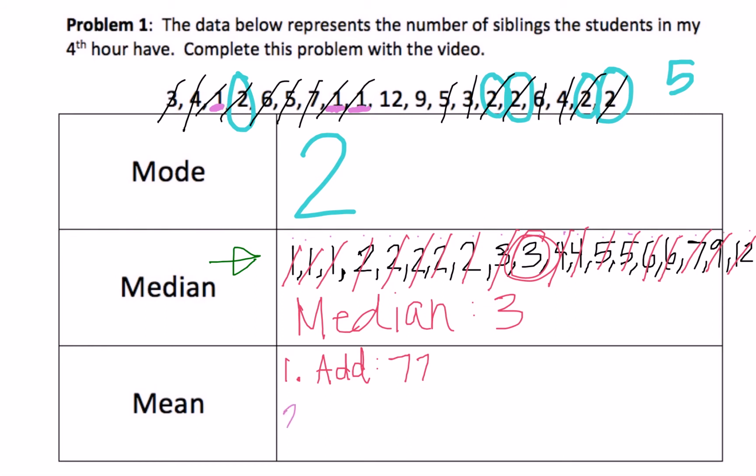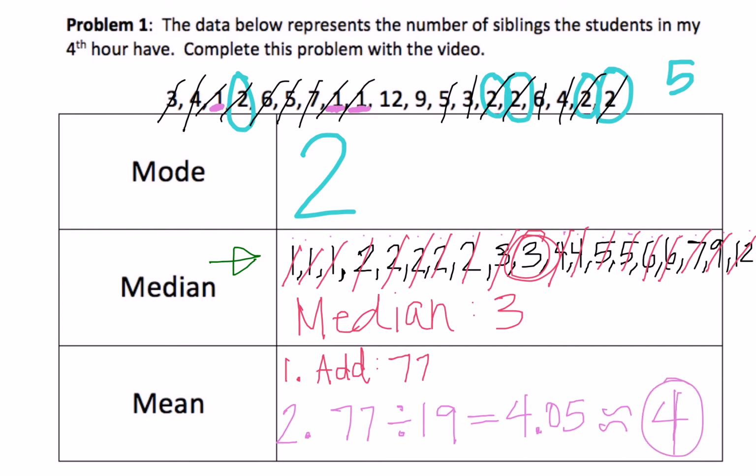So now my step 2 is I have to take 77 divided by 19. So in my calculator, 77 divide by 19, and I get 4.05. So we're just going to say it's about 4, because that's pretty close.